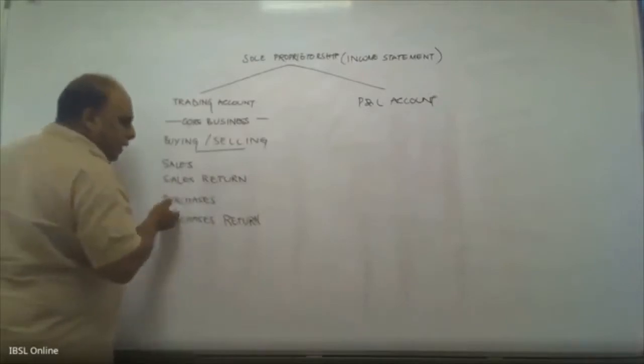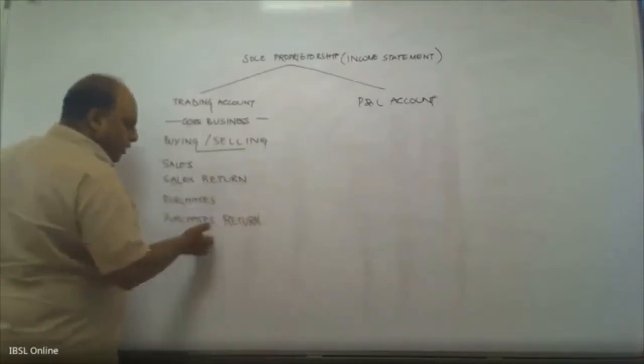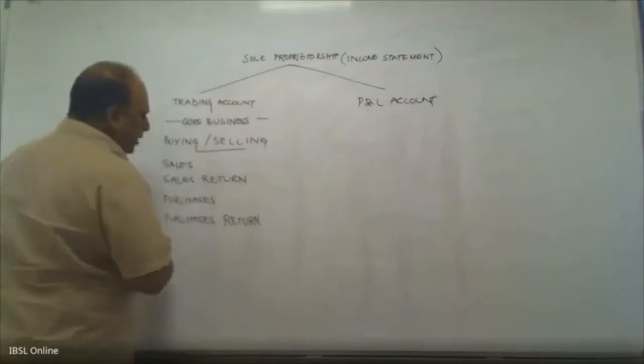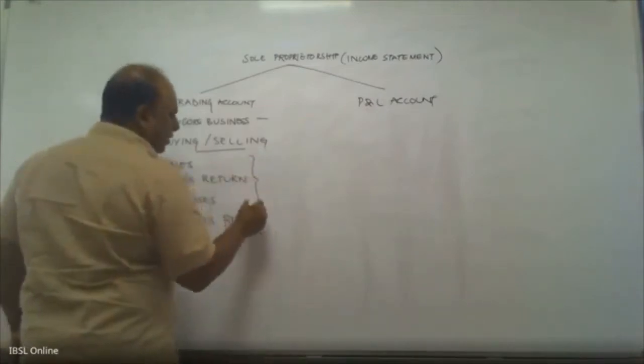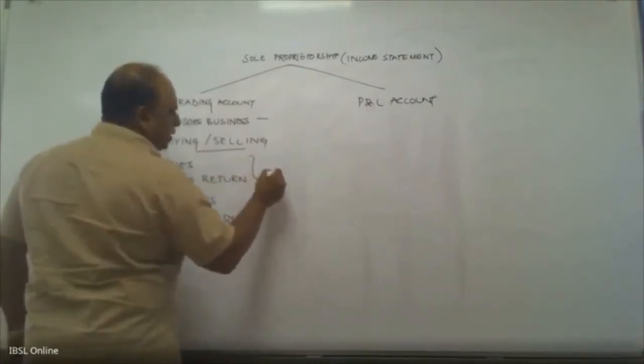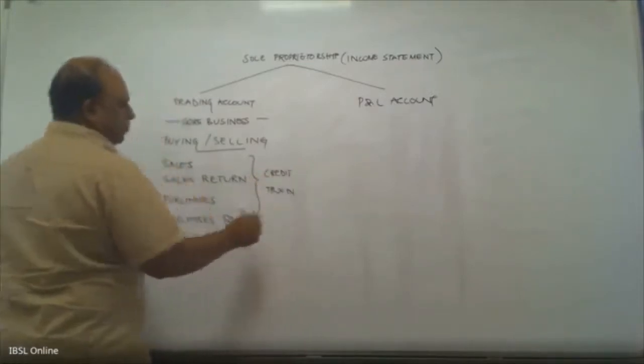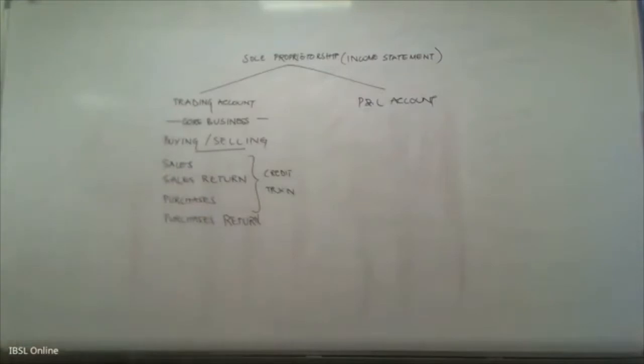When you purchase something and you return it, you record it in the purchase return. Now this is in the case of a credit transaction. Apart from that, you will record cash transactions also.